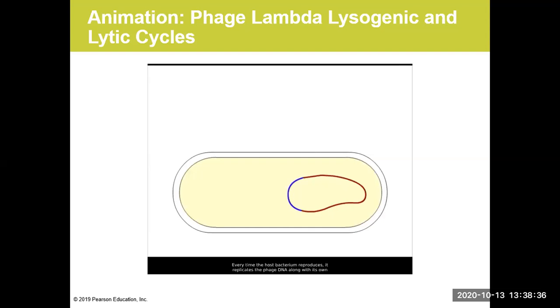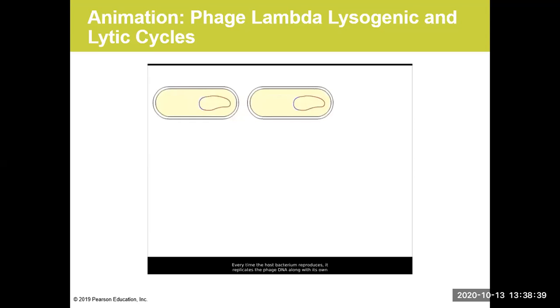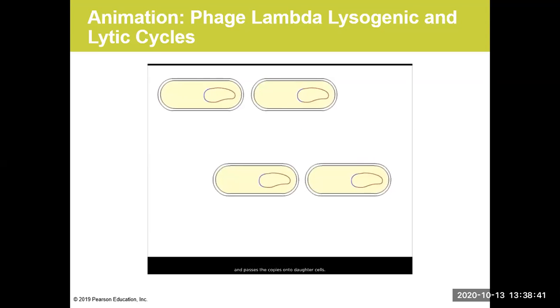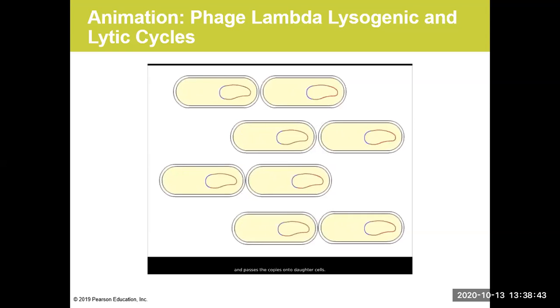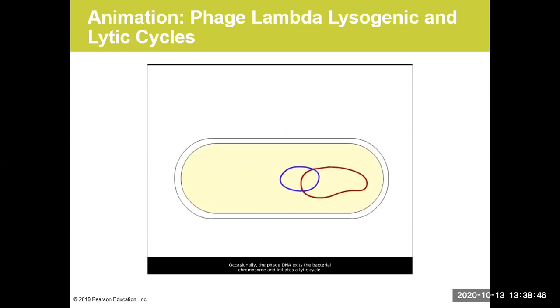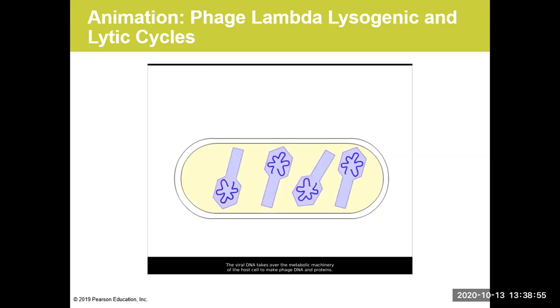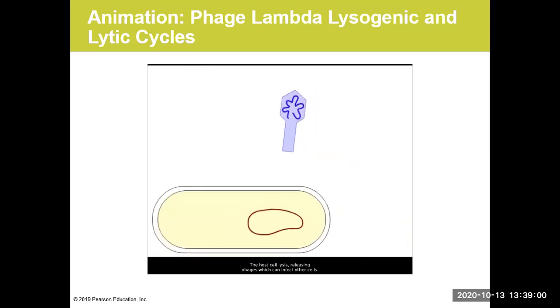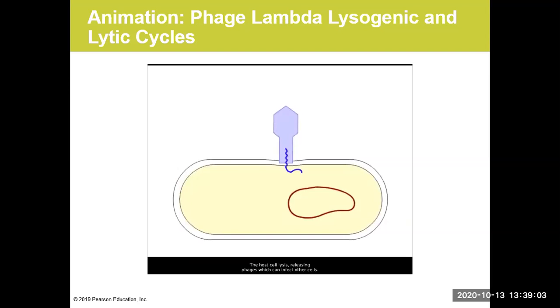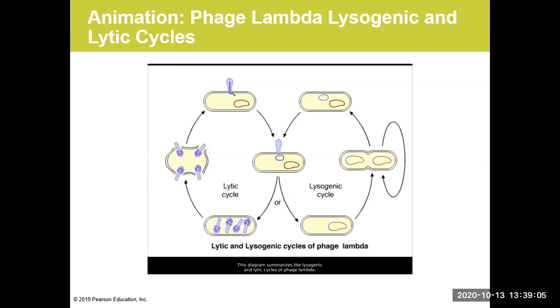Every time the host bacterium reproduces, it replicates the phage DNA along with its own and passes the copies on to daughter cells. Occasionally, the phage DNA exits the bacterial chromosome and initiates a lytic cycle. The viral DNA takes over the metabolic machinery of the host cell to make phage DNA and proteins. The host cell lyses, releasing phages which can infect other cells. This diagram summarizes the lysogenic and lytic cycles of phage lambda.